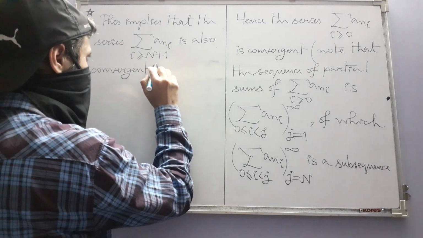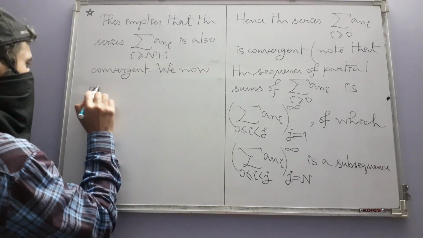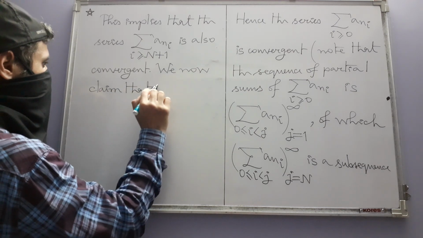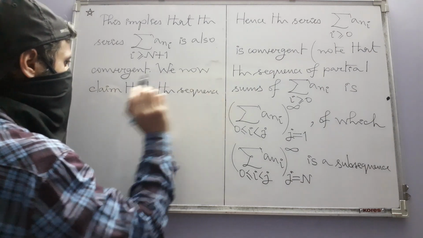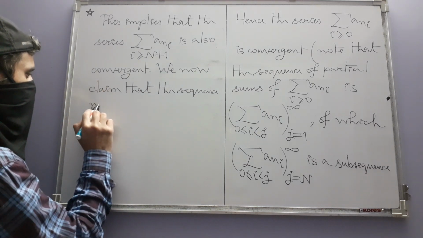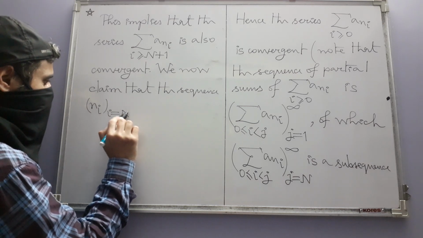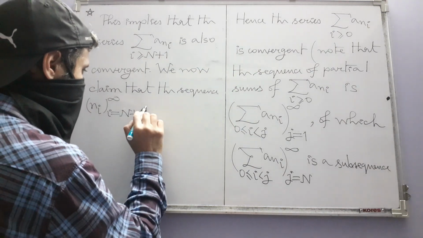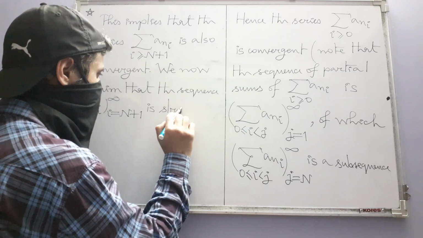We now claim that the sequence i n, where i varies from n plus 1 to infinity, is strictly increasing.